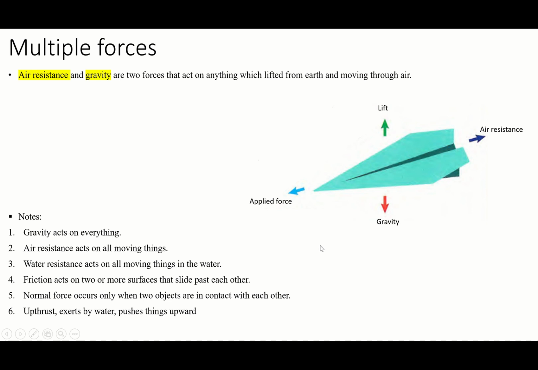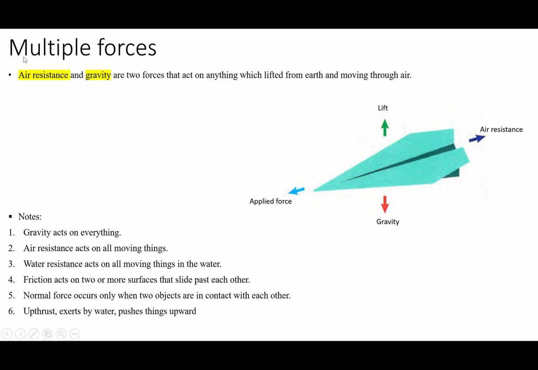If something moves on the earth, it means it has air resistance. And also water resistance acts only on moving objects in water. When something moves inside the water, 100% it has water resistance.